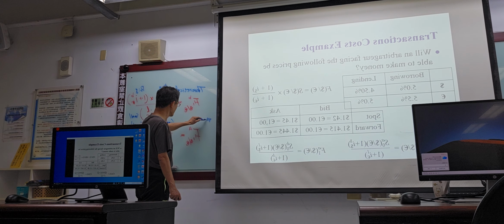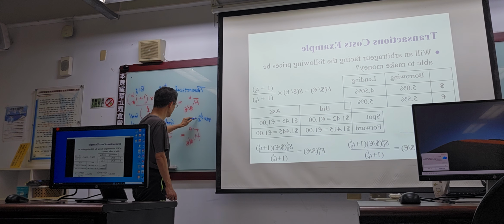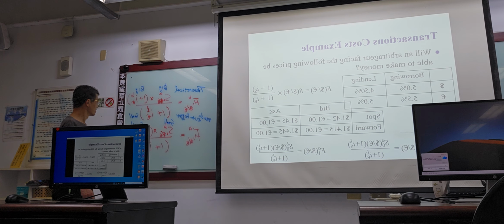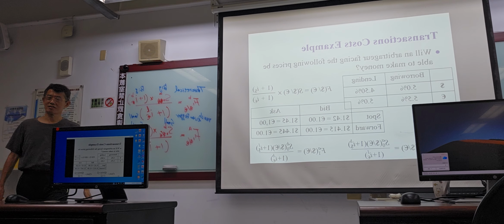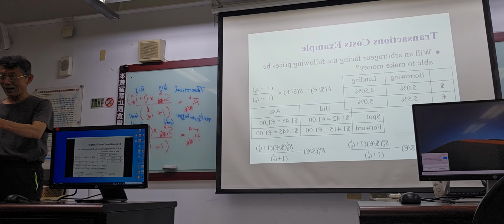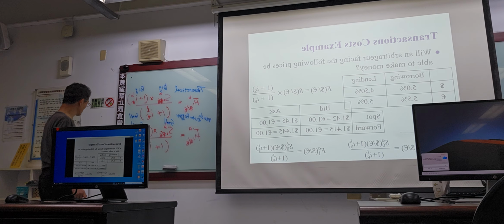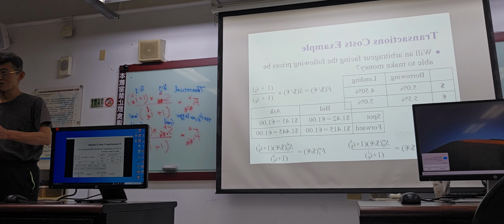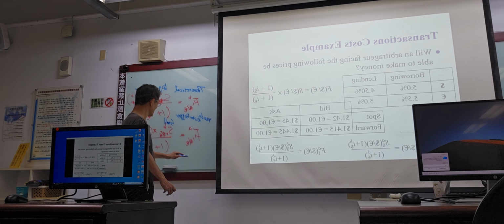Now this is small times small, will be smaller, right? And smaller divided by big will be much even smaller.